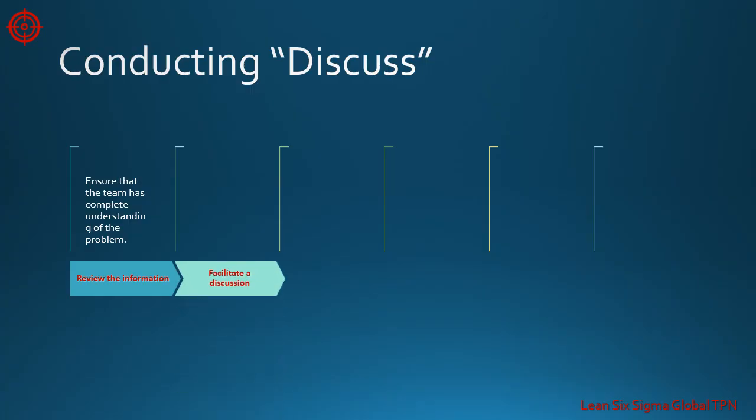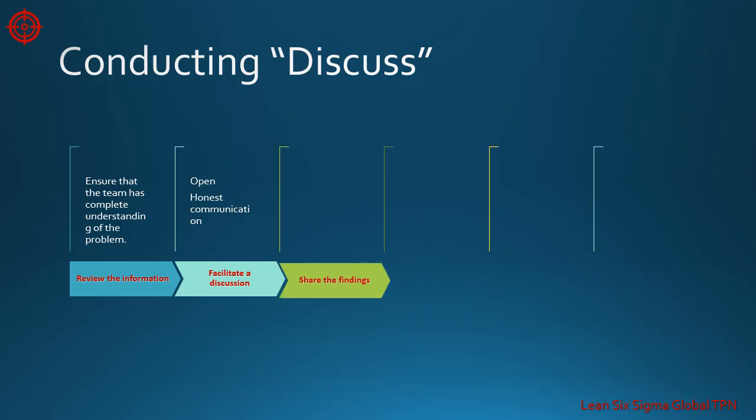And then facilitate a discussion. Bring together the team and any other relevant stakeholders to facilitate a discussion about the problem. Encourage open and honest communication to gather diverse perspectives and ideas.